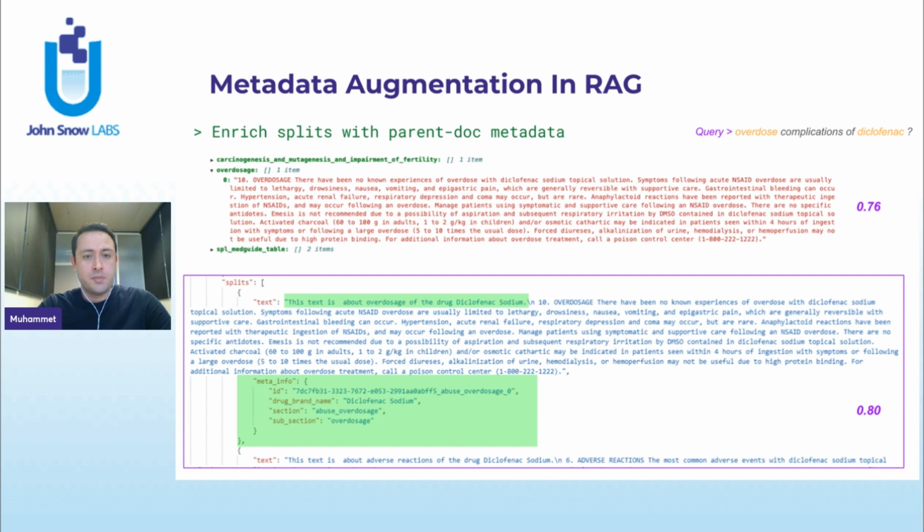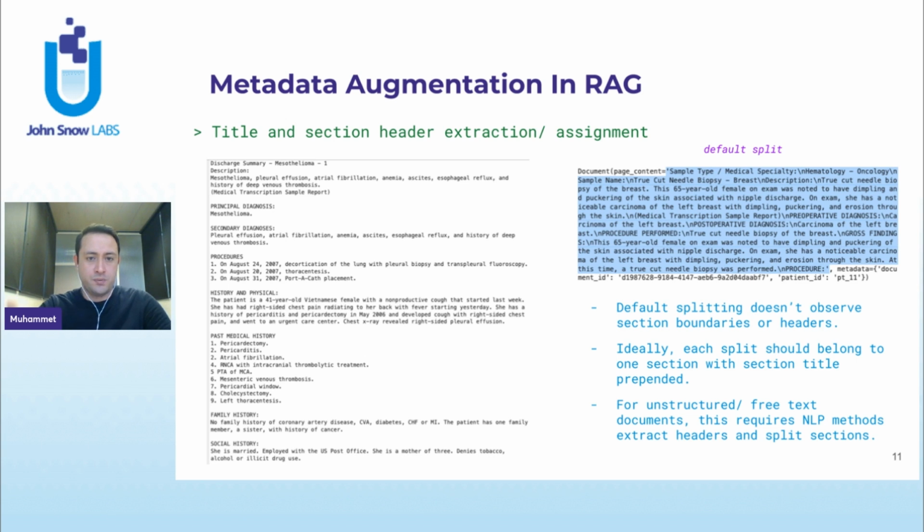Okay, this is why it is important, because the retrieval part will eliminate irrelevant splits according to this metadata information. Also, it will help us to filter some of them after getting the splits from the vector database.